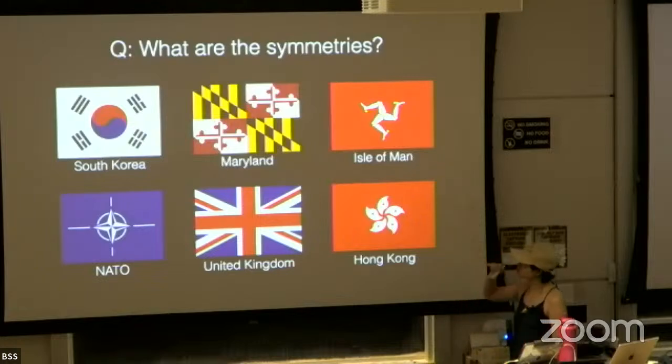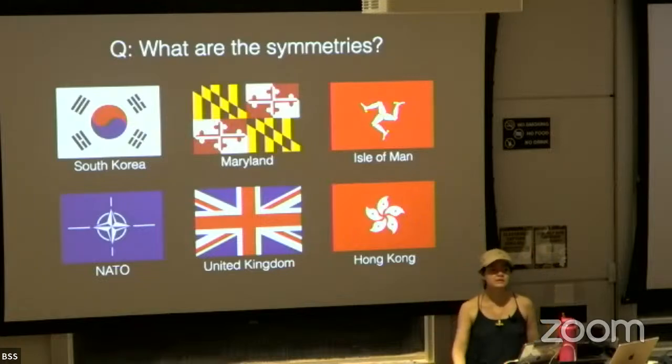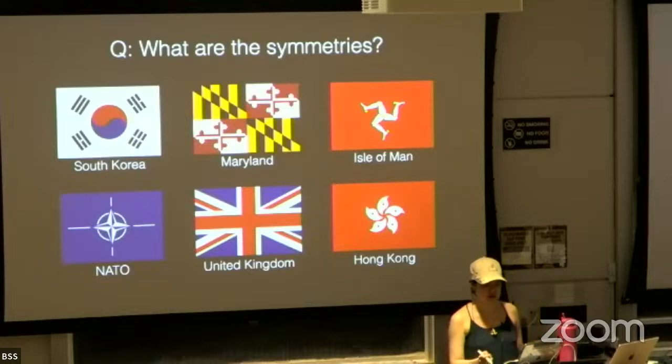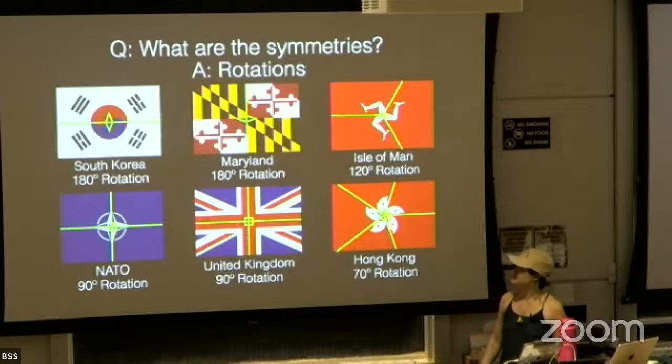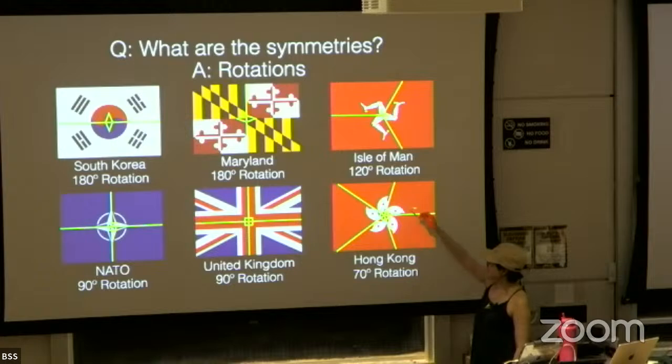So these all have rotations, and again, we can define these centers of symmetry. Here I'm defining centers of symmetry. There are lines here, but they don't actually mean all that much. I'm just using them to highlight the points.